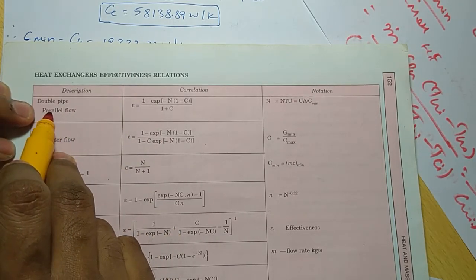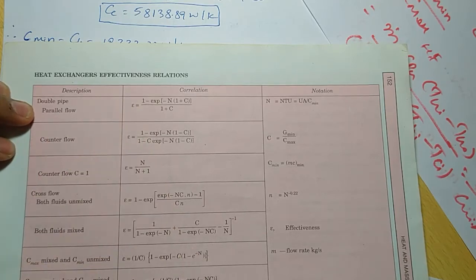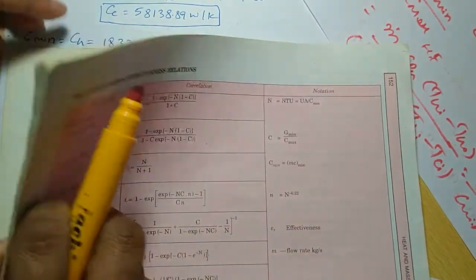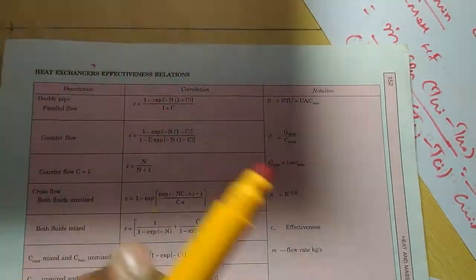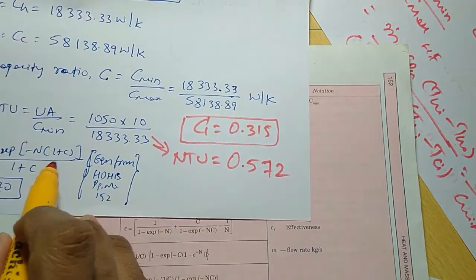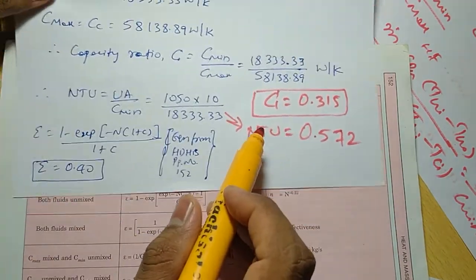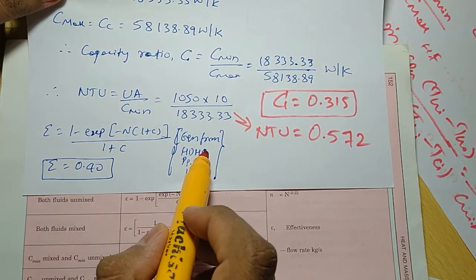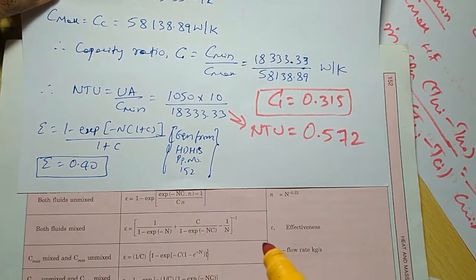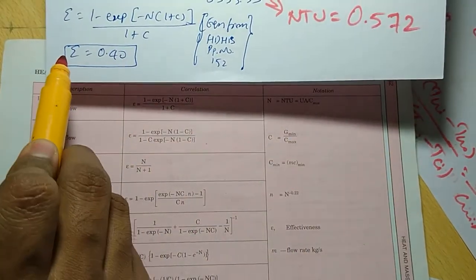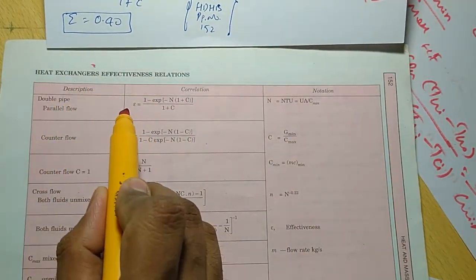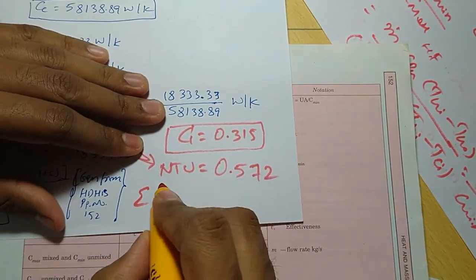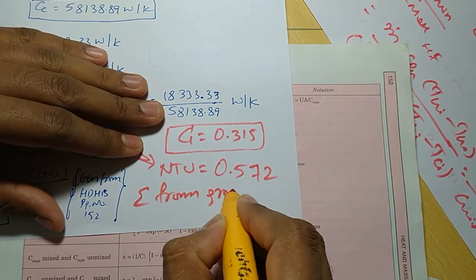For the double pipe parallel flow heat exchanger, this is the equation: effectiveness is equal to 1 minus exponent of minus N into 1 plus C, divided by 1 plus C. N is NTU and C is this one. Just substitute here, and you get the effectiveness as 0.40. This equation is taken from the data handbook, page number 152. You can calculate the effectiveness from this equation. Also you can calculate effectiveness from the graph. Keep it in your mind.